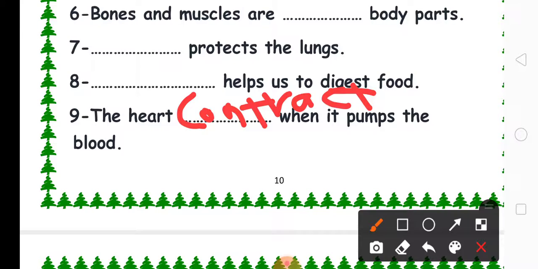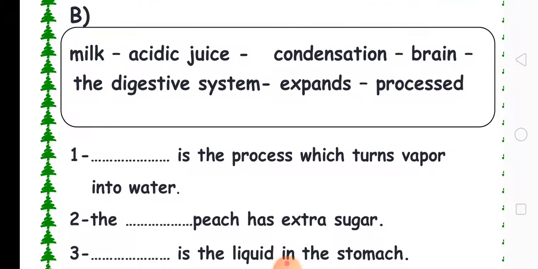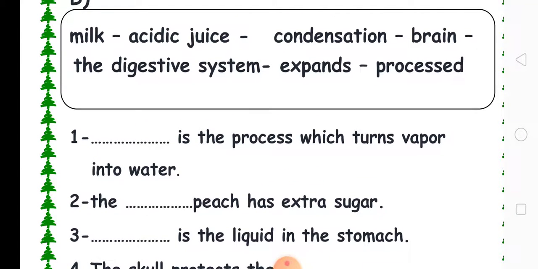Okay, junior 3, have you finished? Okay, turn the page. We have a box. In the box we have milk, acidic juice, condensation, brain, digestive system, expand, processed.